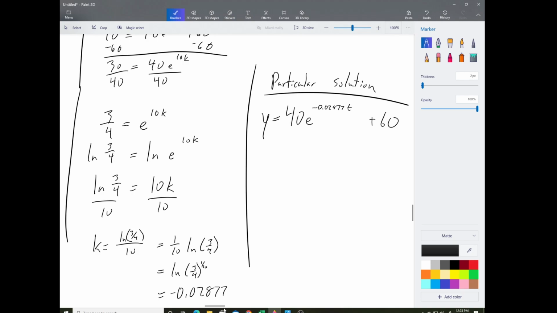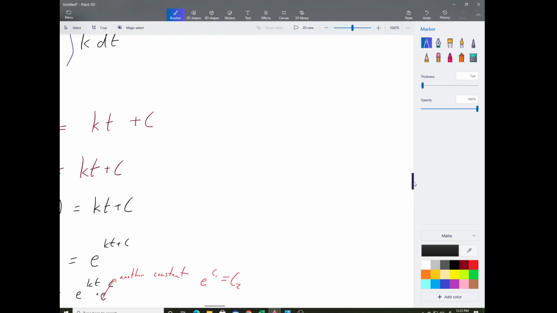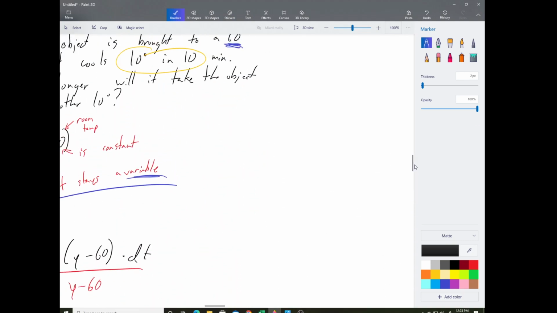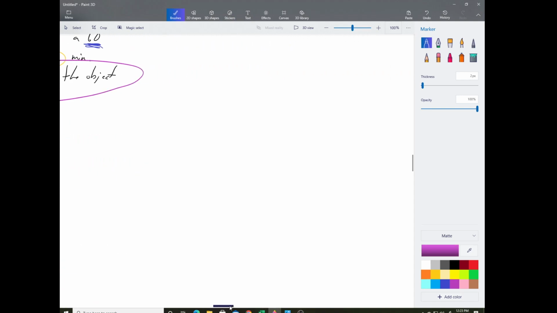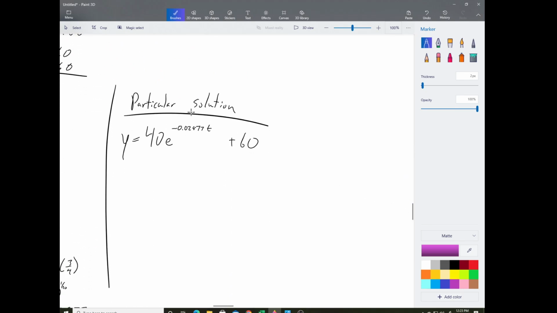And we're being asked earlier in the problem, way back up here, how much longer will it take the object to cool another 10 degrees. Now that we have the equation, we have the relationship established, we can use that to find how long it will take.